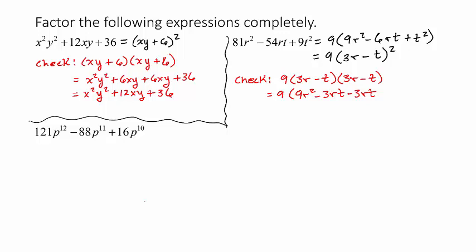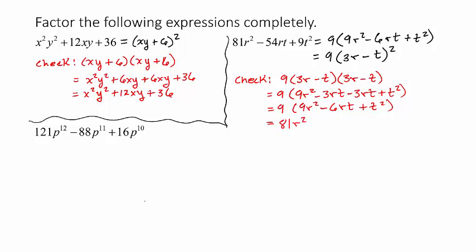And negative t times negative t is positive t squared. Okay. So we have 9 times 9r squared, negative 3rt minus 3rt, minus 6rt, plus t squared. Okay, and then we're going to distribute the 9 through. So 9 times 9 is 81r squared.